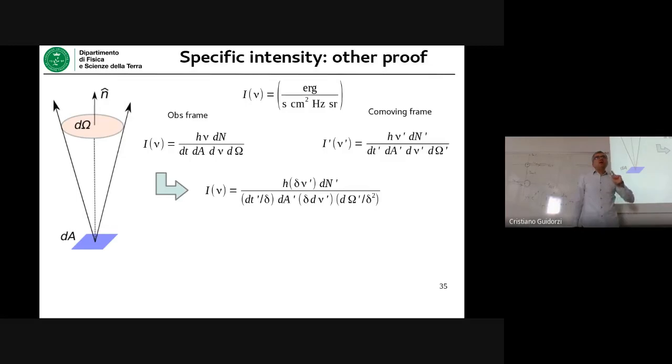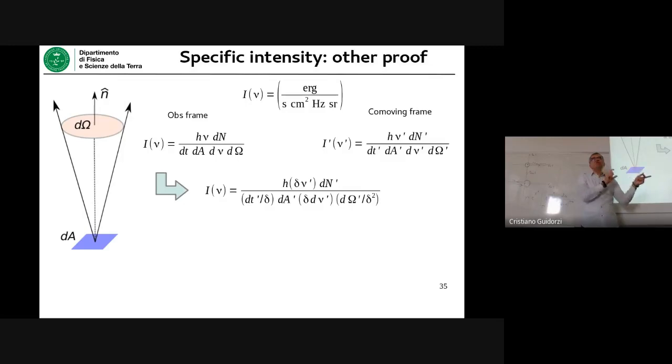If you remember, when I showed you the intuitive demonstration, when I proved the formula of the Doppler factor following an intuitive approach, we reasoned in terms of time intervals, arrival times, and I showed you that the relation between the two time intervals, the time interval between the emission of the two photons in the co-moving frame and the arrival times of the observer, scales with 1 over delta.